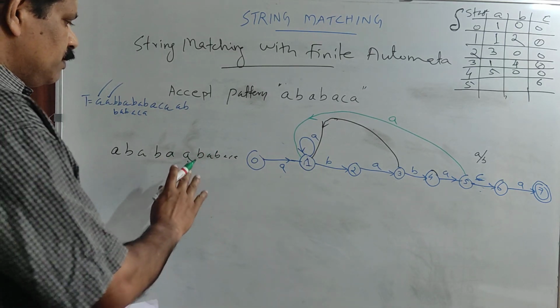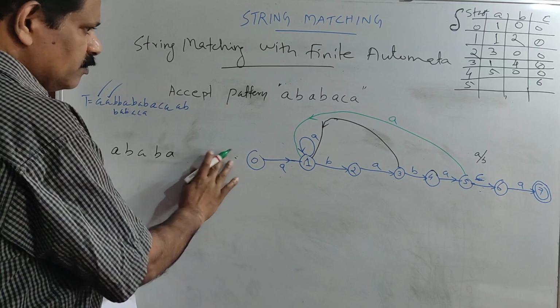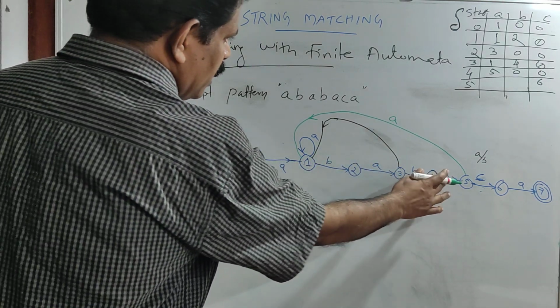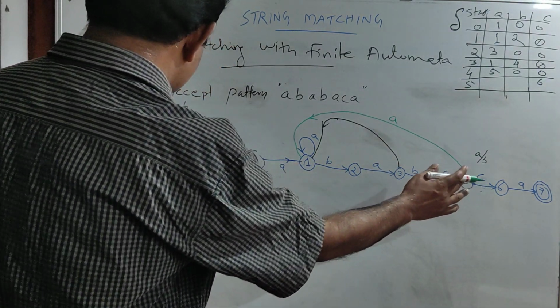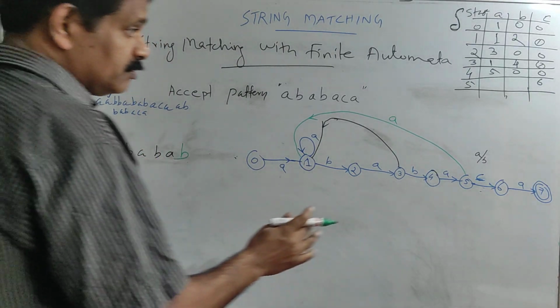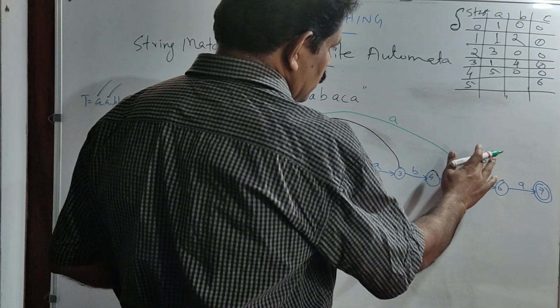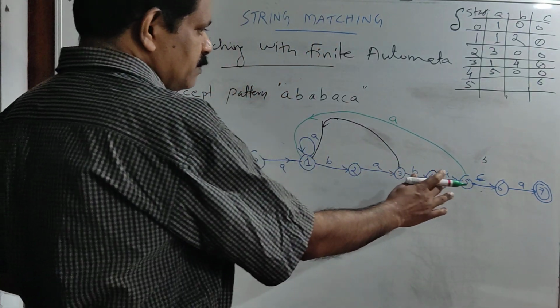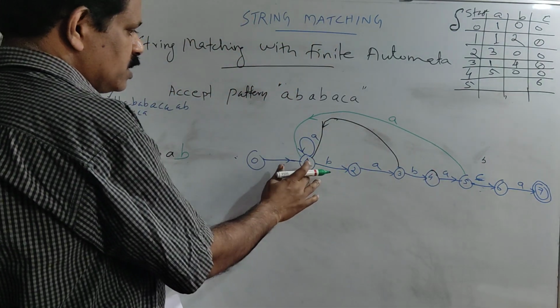Then what about B? You are expecting a C and you got a B here. On getting an A from stage 5 you will be taken to stage 1.